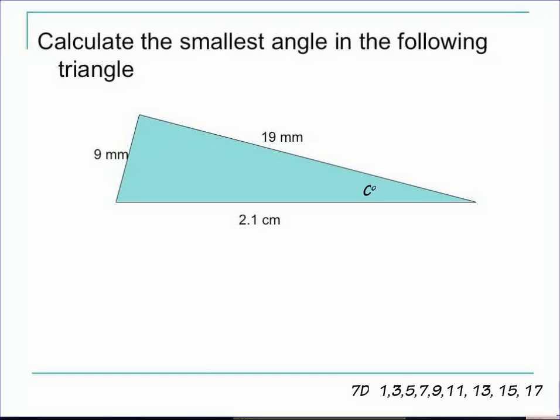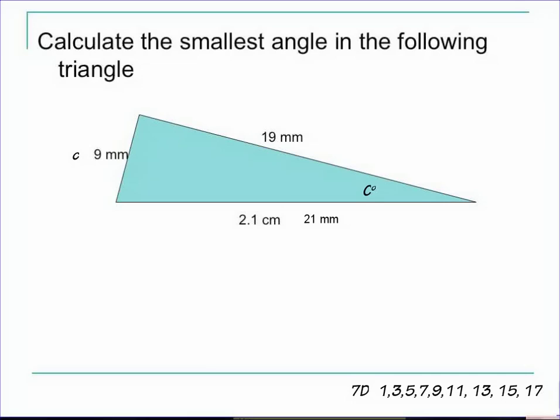Then it's a matter of just labeling the rest of the triangle. So I'm going to call length C my 9 millimeters. I'm going to call length B 21 millimeters, and I'm going to call length A 19 millimeters.